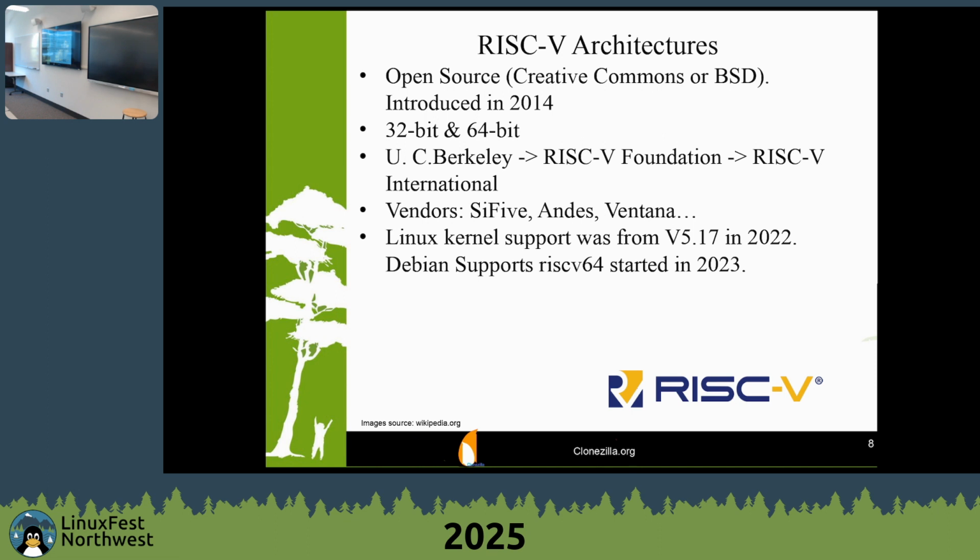Debian, the underlying operating system we mentioned, has supported RISC-V since 2023. So last year we tried to port the whole Clonezilla Live system to RISC-V. Later we'll give more details on why we wanted to and how we did it.